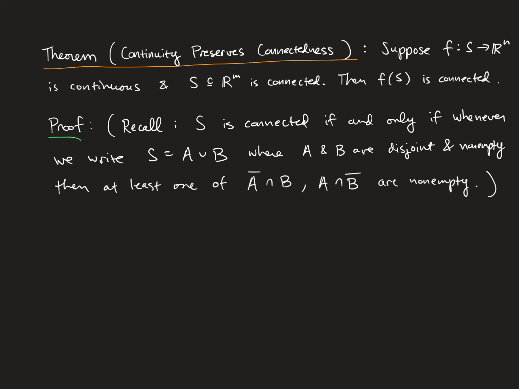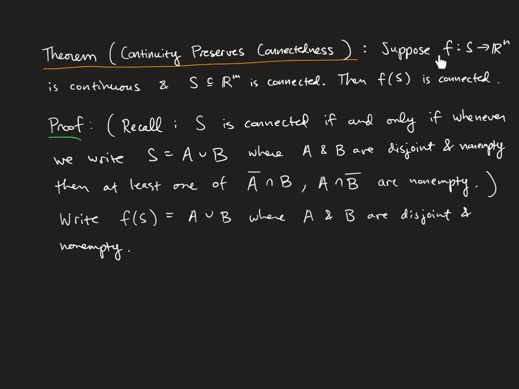So what we'll do is write f of S equals A union B, where A and B are disjoint and non-empty. Okay, well, what we have to work with are that f is continuous and that S is connected.